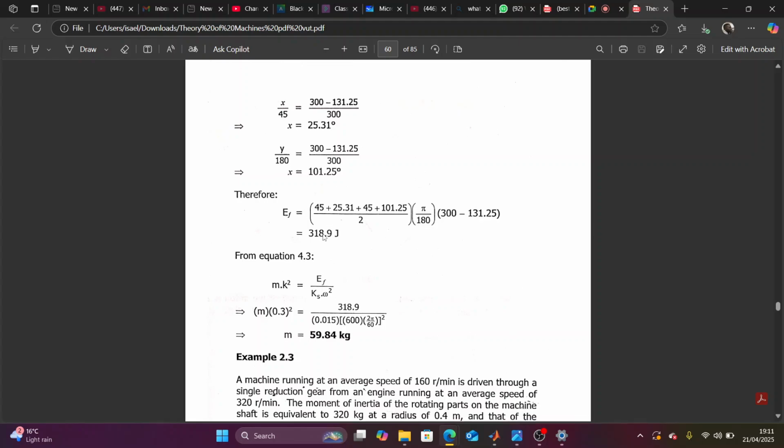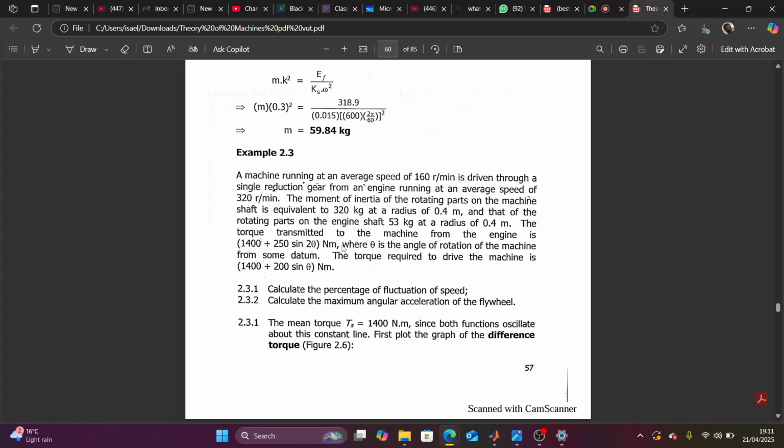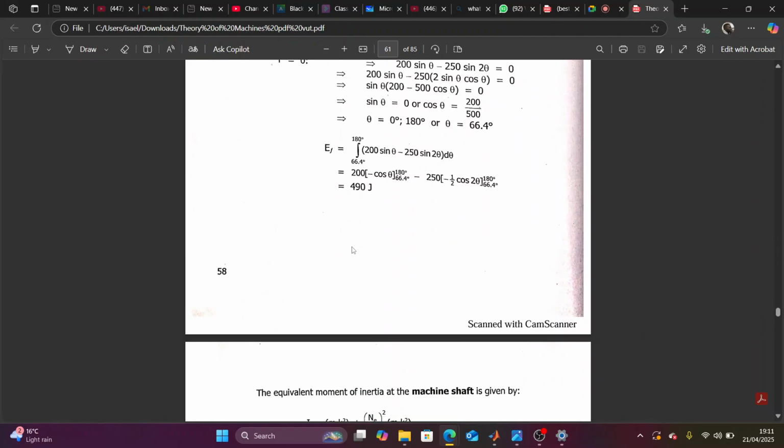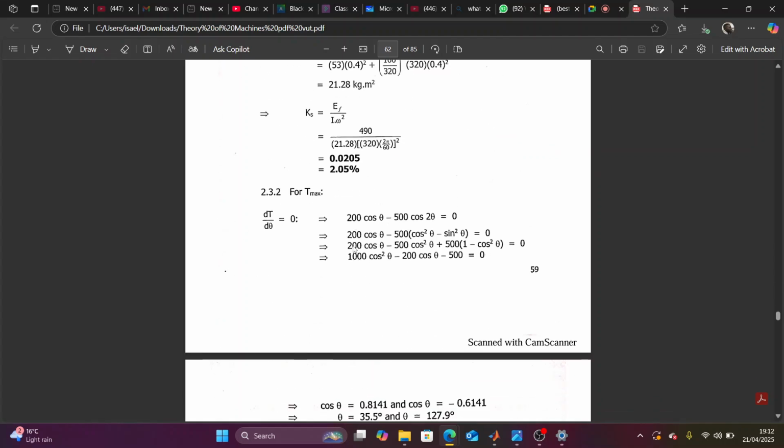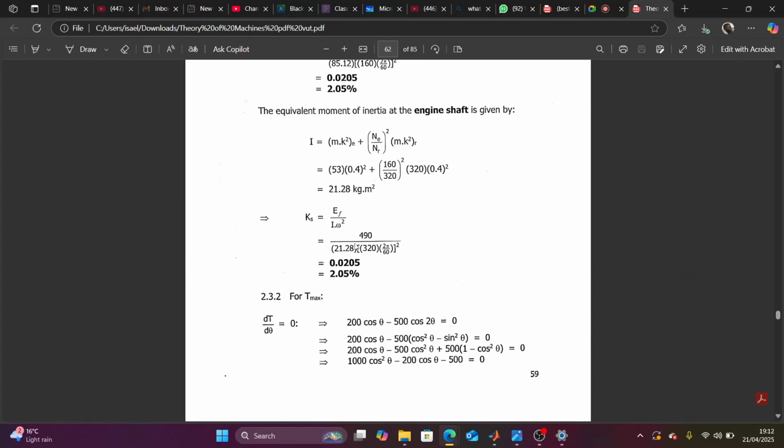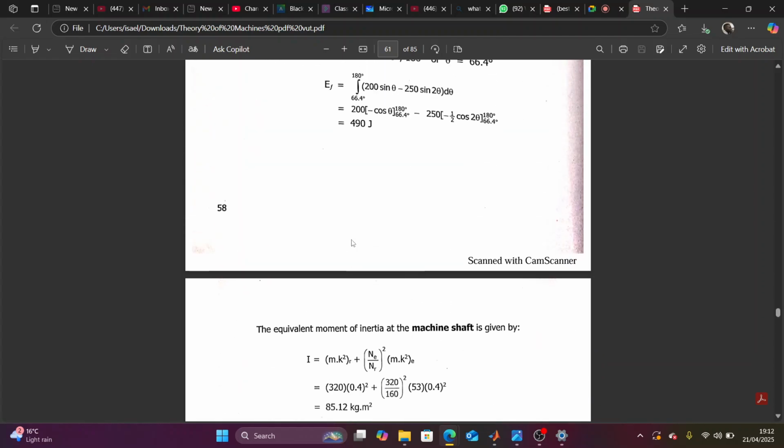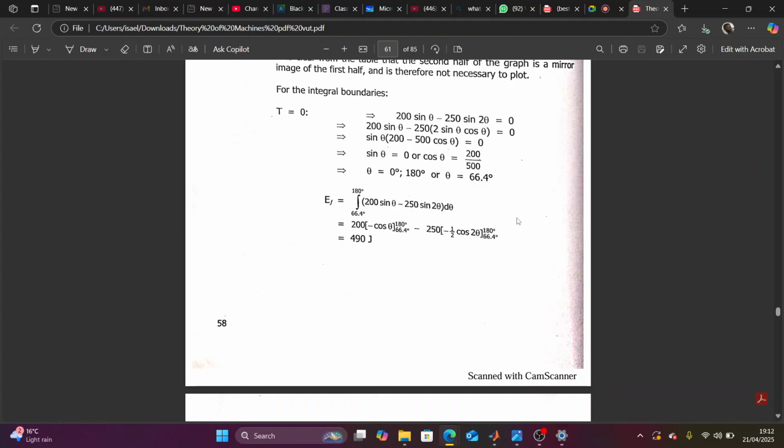Do you see it again? Example 3, whatever the case may be, at the end of the day, again, what you still get is your energy of fluctuation. If you want to solve for whatever is here, what you need is energy of fluctuation EF, which is this one. So you've got 3 cases under this topic, and the 3 cases differ in formula and what to do, so you'll see as we do it.